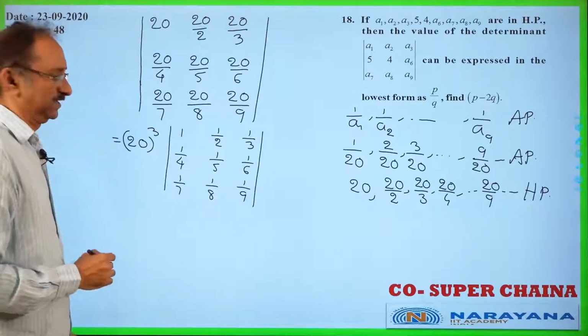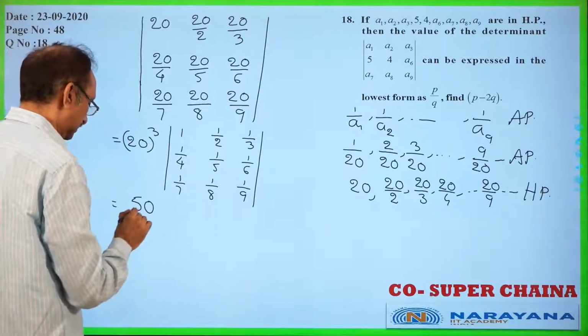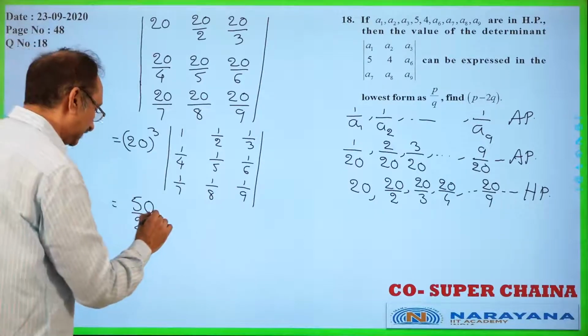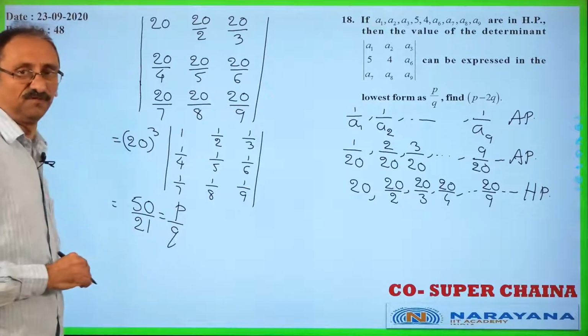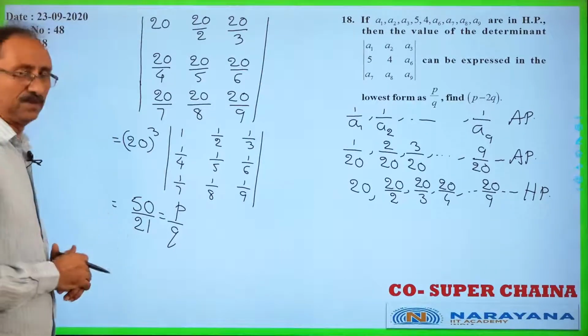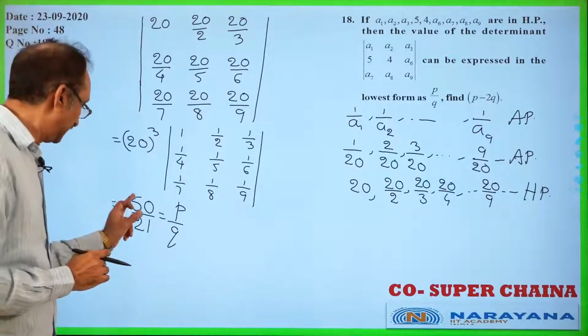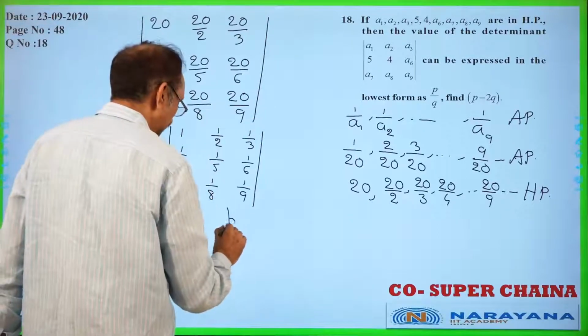And you can simplify this. After simplification, you will get 50 by 21. See, it is in the form of P by Q, and they are relatively prime, no common factor for them. Therefore, P is 50, Q is 21. What is the question? P minus 2Q.